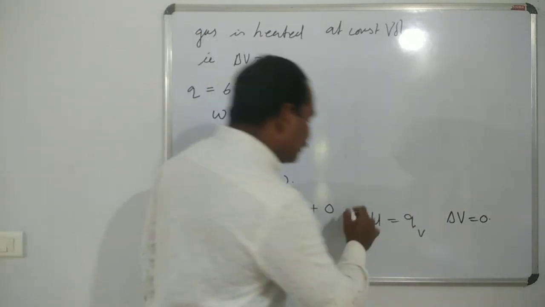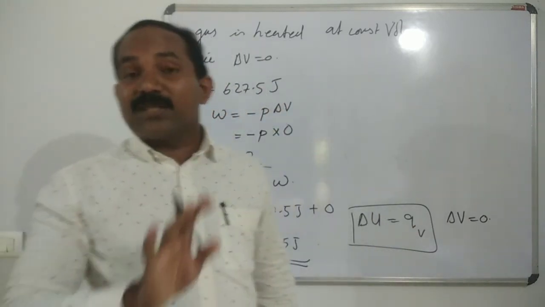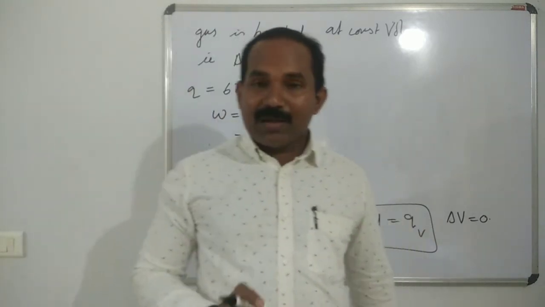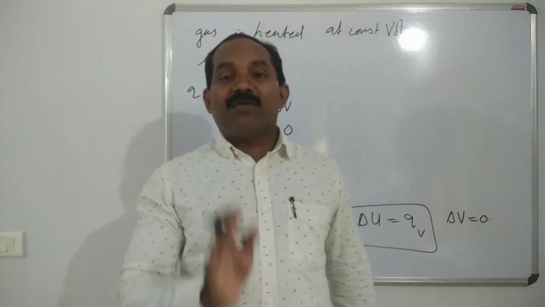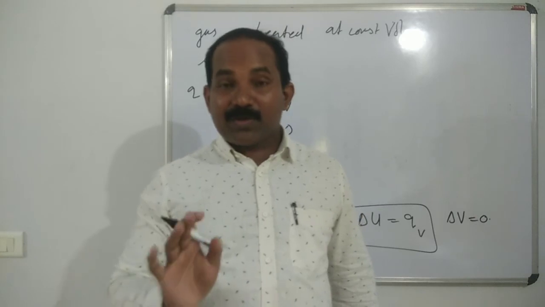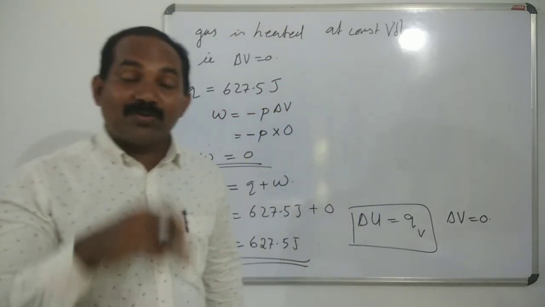Already we discussed. That's why I told you to memorize equations. Now you need to memorize the derivations. You memorize the different equations because that equation is applicable in questions.